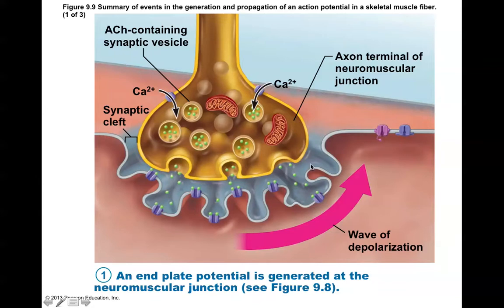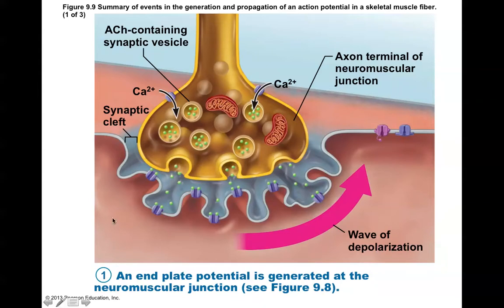cleft. Now, if you haven't noticed it already, this motor neuron is synapsing with a muscle fiber, a muscle cell, usually right in the middle of the muscle fiber, and it's going to be dumping this acetylcholine onto the muscle fiber itself. The sarcolemma has receptors for acetylcholine in humans and other vertebrates.